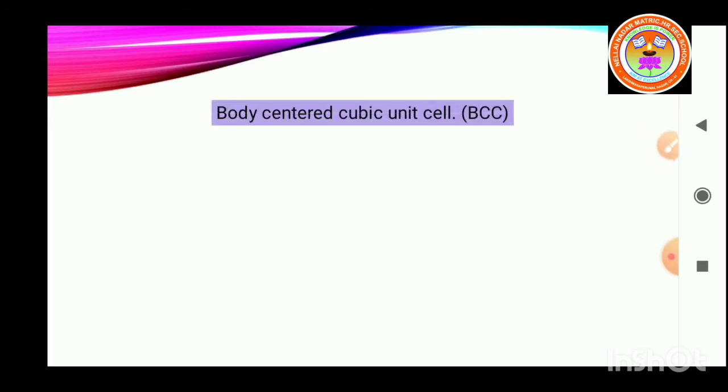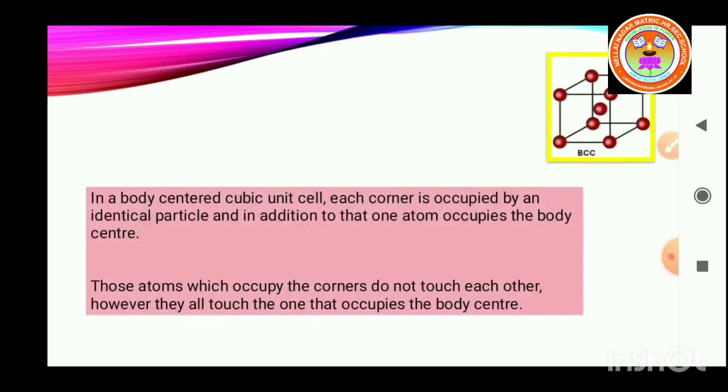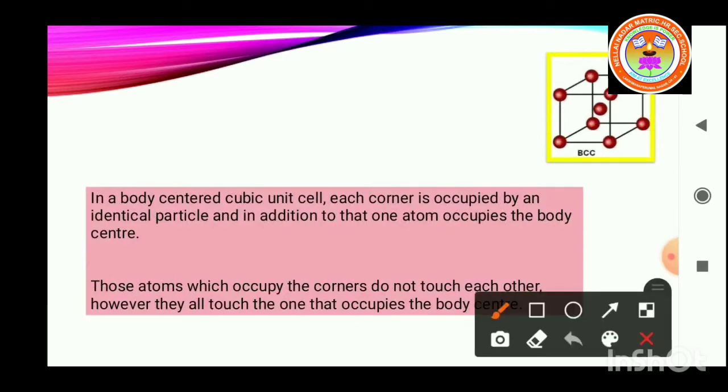The second one is the body centered cubic unit cell. See here, this is a diagram of a body centered cubic unit cell. In a body-centered cubic unit cell, each corner is occupied by identical particles.